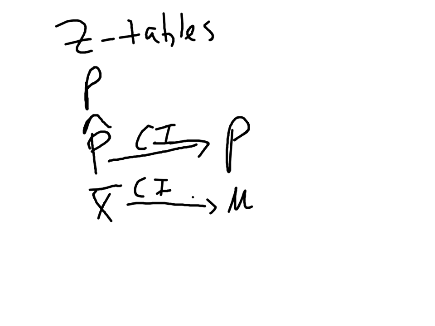Again, the first thing I'm going to do is skip over to the next page. I'm going to work backwards here. Like we had a correction on the population standard deviation, I'll go back a little bit.